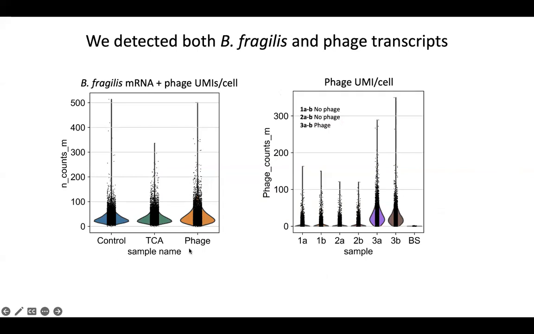So this is a little bit messy, but you can see that this is all the mRNA UMIs per cell that we detect. And TCA is just a bile acid that we also put in just to see how the Bacteroides react to it. And then this plot shows you the phage UMI per cell, and we can see we detect a lot of them in sample 3, which was infected with phage.